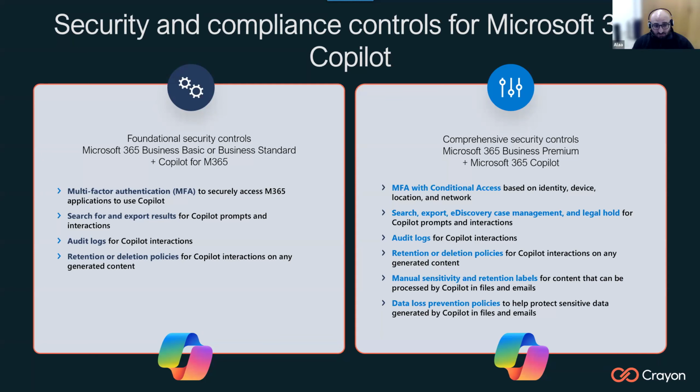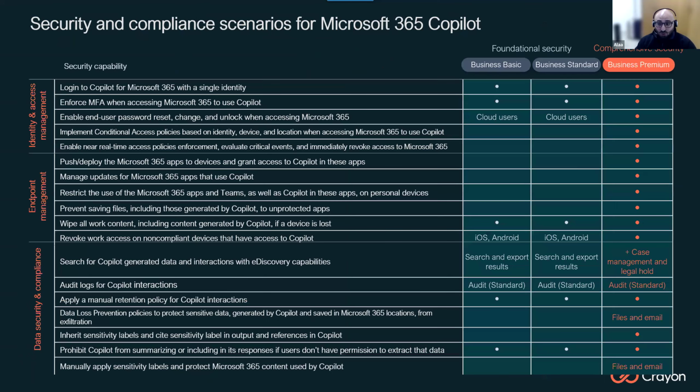If you want the real features included in Business Premium, you can see on the screen: search, export, e-discovery, audit logs, retention policies, data loss prevention, conditional access. All will help you to have a better and secure experience with Copilot.